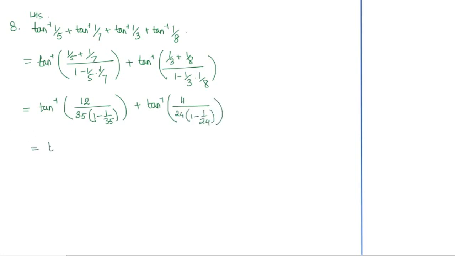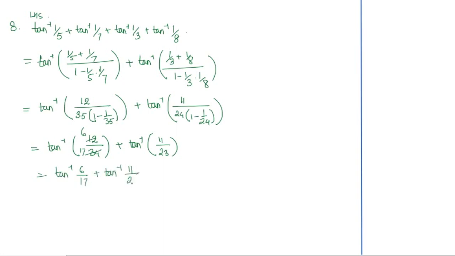Okay, so this gives you tan inverse of 12 by 34 plus tan inverse of 11 by 24 minus 1, that is 23. Now you can reduce 12 by 34 into 6 by 17. Okay, so this is going to give you tan inverse 6 by 17 plus tan inverse 11 by 23.